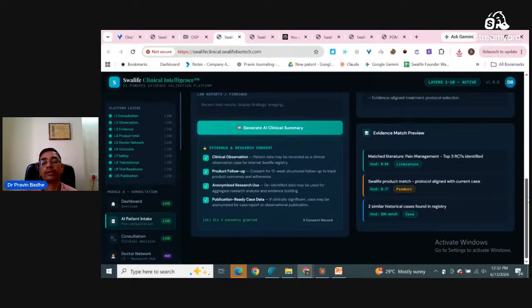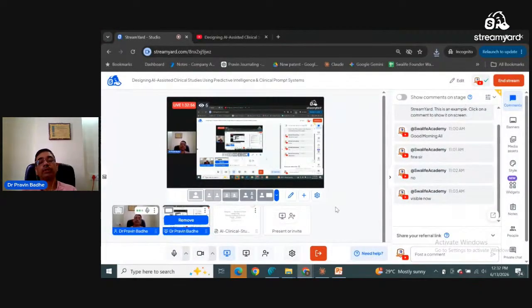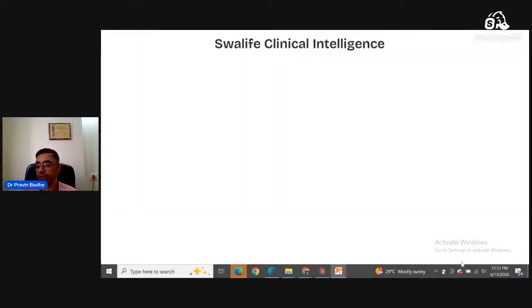So this is another updated version of the clinical research platform we have developed for conducting that specific type of clinical trial with the doctors, the clinicians on board, and with the help of the AI agent, we are connecting the platform. So that's about the clinical intelligence which will be utilized.